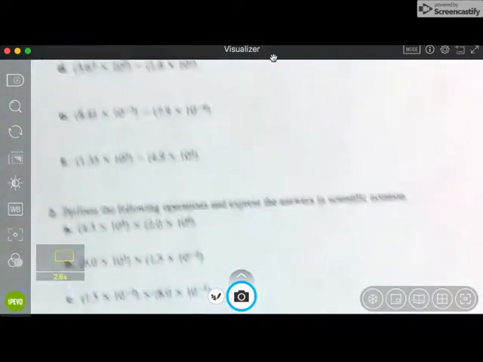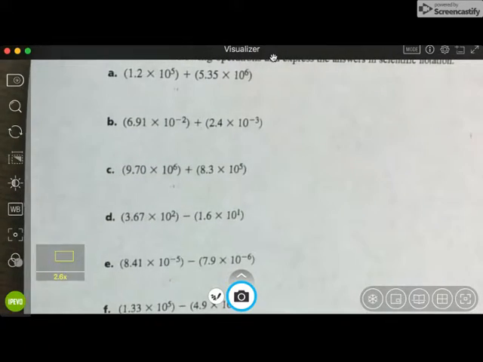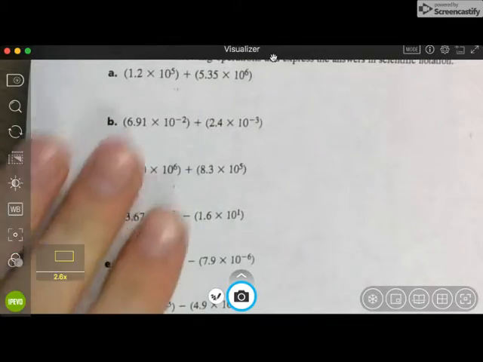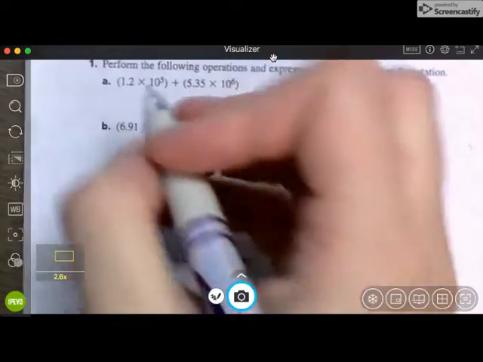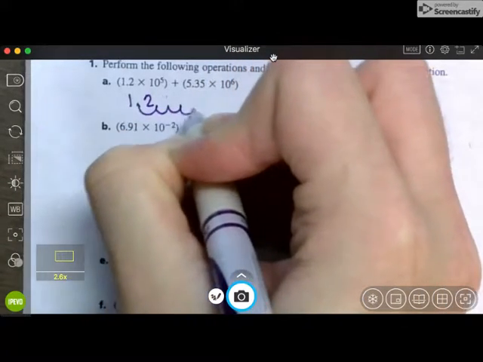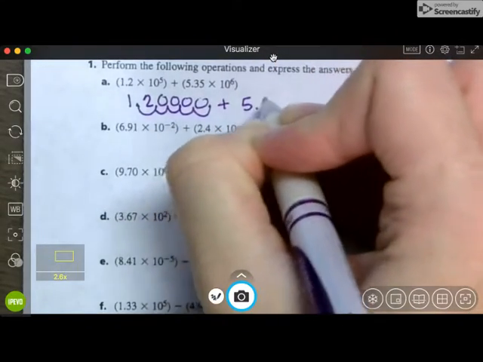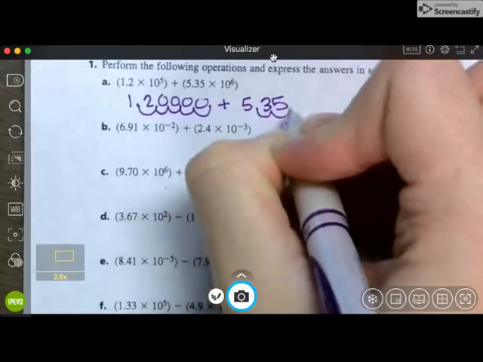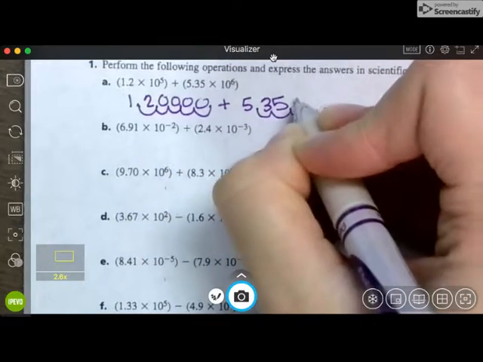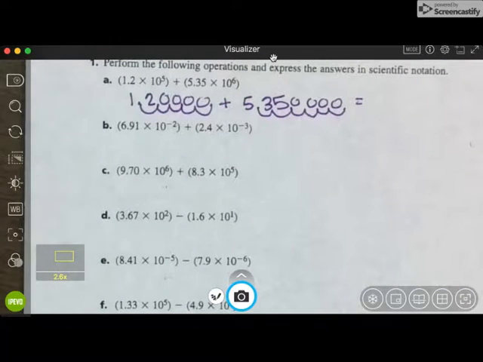Okay? So if we look at the next page, we start with adding. So again, if I change this, I have 1.2 and I move my decimal 1, 2, 3, 4, 5. And I add 5.35 and I move it 1, 2, 3, 4, 5, 6, and I just add them. So what are those added together?